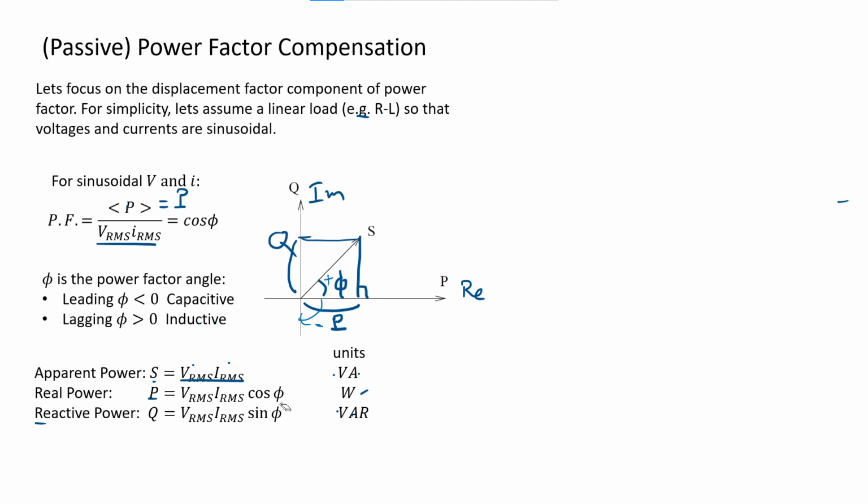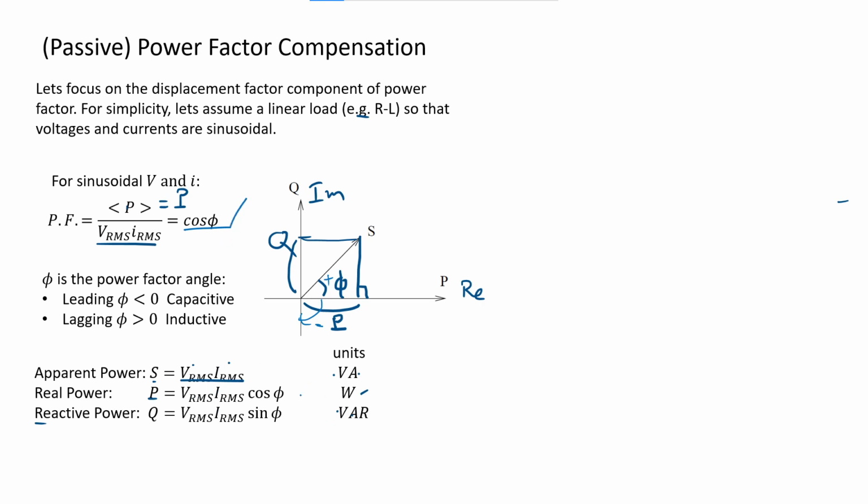So power factor is defined as this cosine phi, because it is the ratio between real, or average, power and apparent power. You get only this term. So this is power factor.